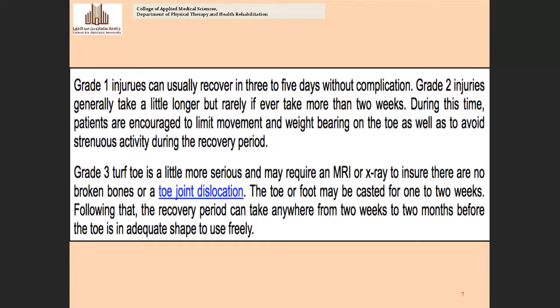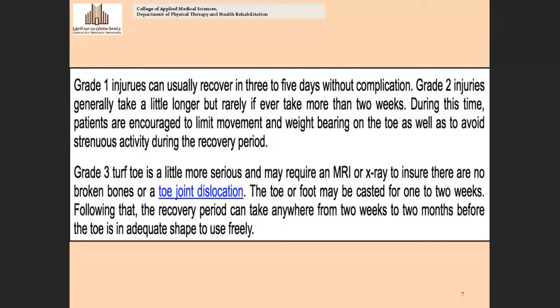In grade 2, we should ask the person to take complete rest. We should not allow the person to go for weight-bearing activities, and we should ask the player to stop the game and take immediate care for the problem. Grade 3 is a severe stage of turf toe. It's a little more serious and may require an MRI or X-ray to ensure there are no broken bones or toe joint dislocation.